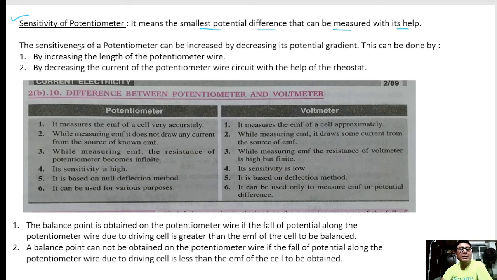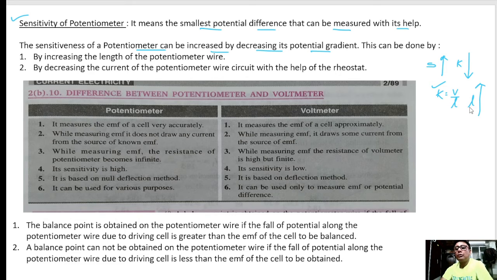The sensitiveness of a potentiometer can be increased by decreasing the potential gradient. So if you want to increase the sensitivity, you decrease the potential gradient. Because potential gradient equals V by L, to decrease this, I have to increase the length of the wire.